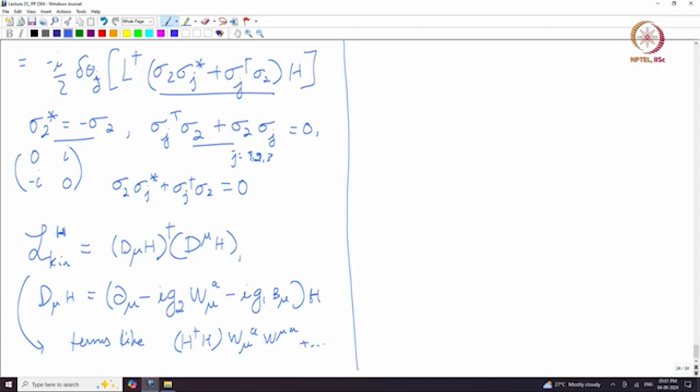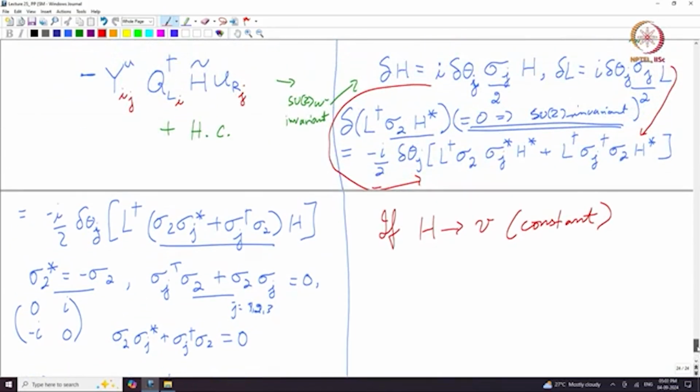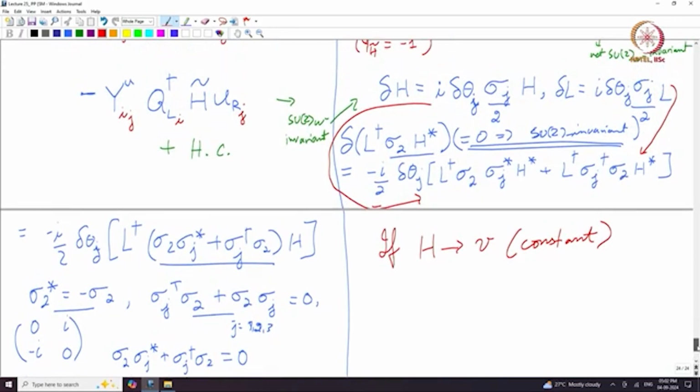So this makes it look like, if we can replace the Higgs field with some constant, I'm just going to call the constant V suggestively because that's the value we're going to use later. Imagine some magic happened so that you could replace the field with a number. How is that possible? We're going to see how that is possible. There is a physical way in which we could do this.